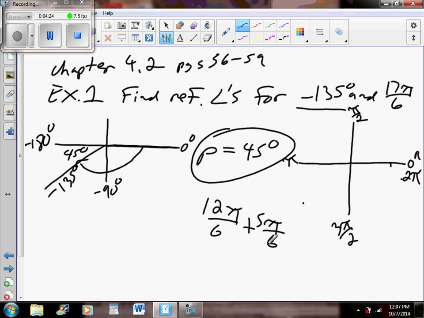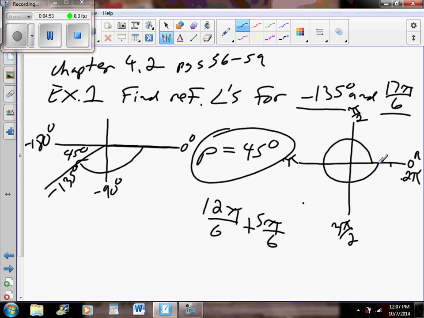The reason I want to do this is because there is 1 full revolution contained in 17 pi over 6. 12 pi over 6 is 2 pi, isn't it? So the first 12 pi over 6 parts takes me all the way around.